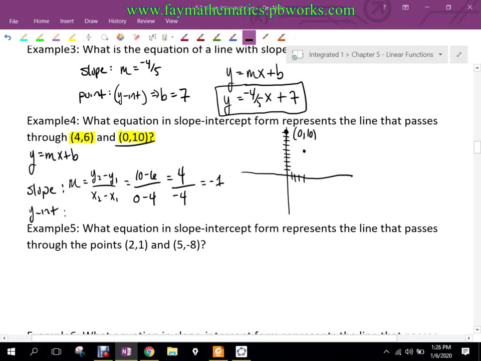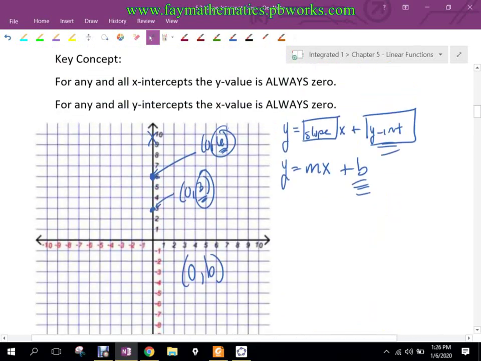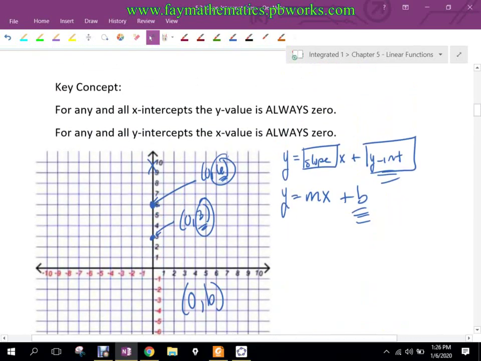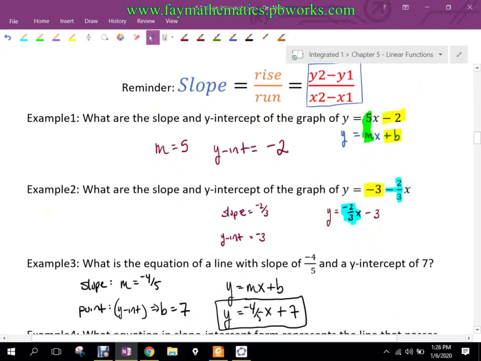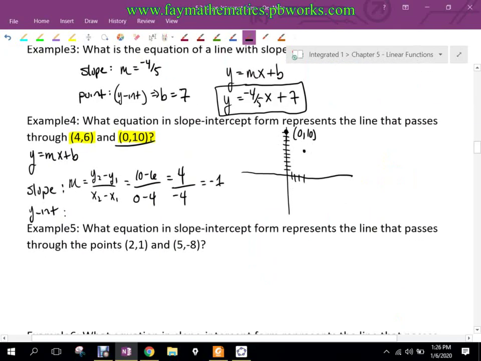That's 0, 10. Didn't we say previously that every single point, when you make a line, every single point that is a y-intercept is of the form 0, comma b? Does that make sense to everybody? So, if 0, 10 is that point right there, it's of the form 0, comma b.